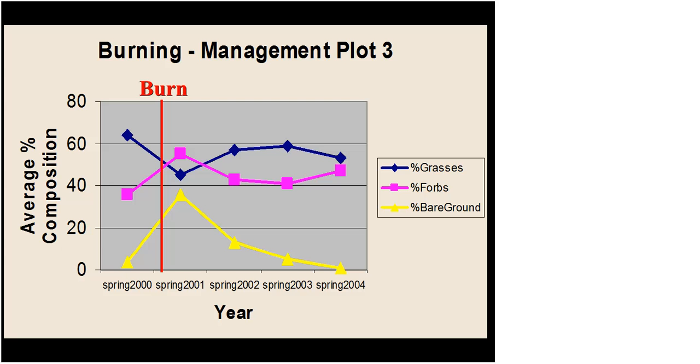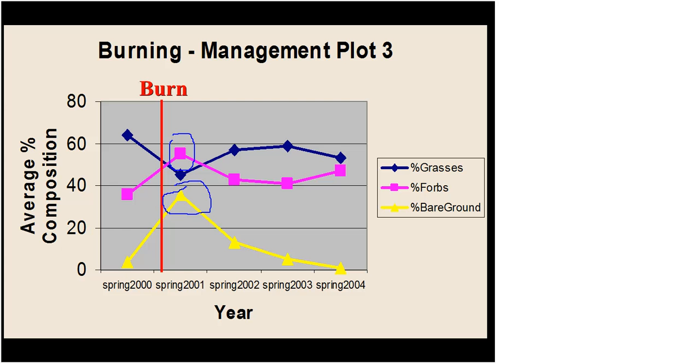The amount of bare ground went up dramatically after the burn, and the amount of forbs goes up, and grasses goes down some. But then post-burn, as years go on, the amount of bare ground disappears. We get a lot of litter. The amount of forbs can go down, and grasses increase. And so that's one of the things we're trying to manage, that balance of those different plants.